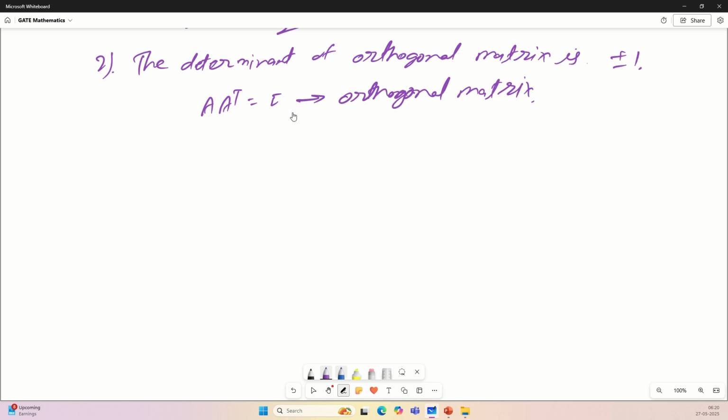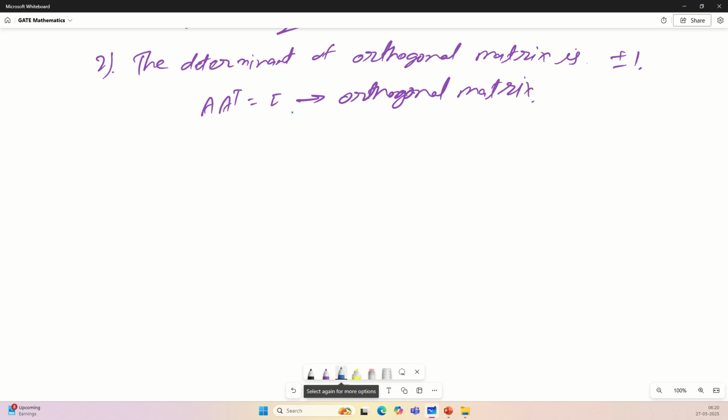So can we quickly do that? If A into A transpose is I, then the determinant of A into A transpose must be equal to determinant of I, which is nothing but your 1, right?